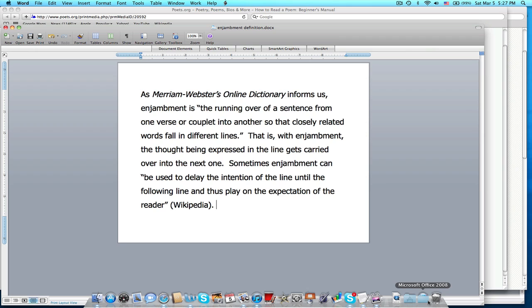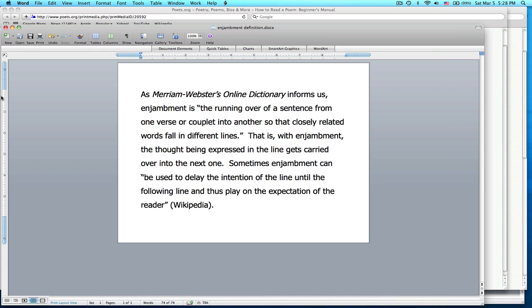That is, with enjambment, the thought being expressed in the line isn't completed and it gets carried over into the next one. Sometimes enjambment can be used to delay the intention of the line, the meaning of the line, until the following line, and thus play on the expectation of the reader. So take a moment to write down this definition and pause the video if you need to.